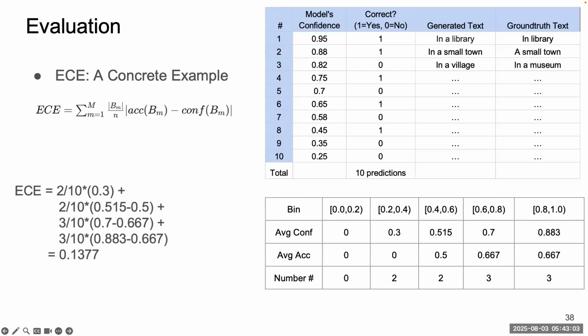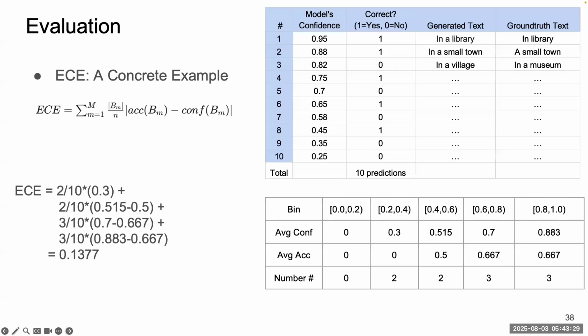The ground truth for this question could be in a library, and the ground truth for this second question could be in a small town. You have multiple data samples, could be different questions, with different ground truth answers, and then you compare the generated text to see if it correctly predicts the ground truth.